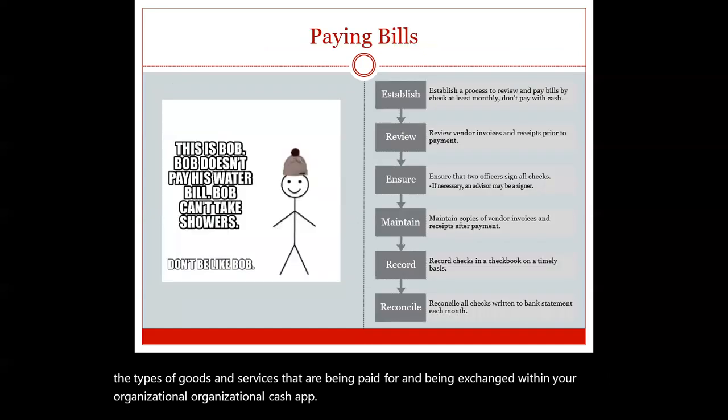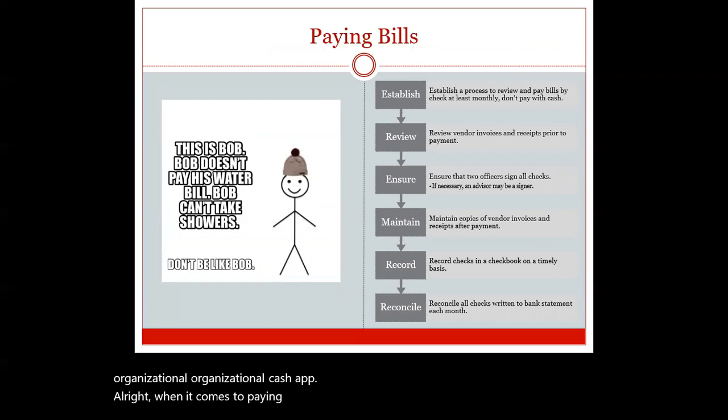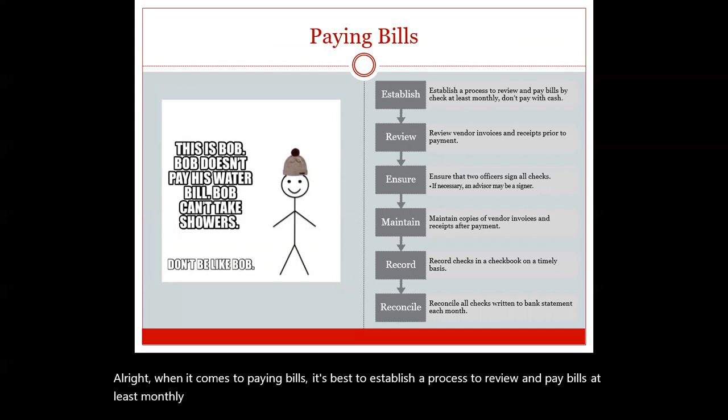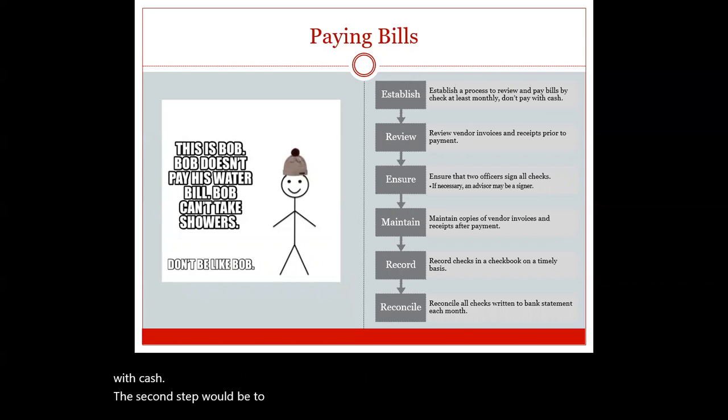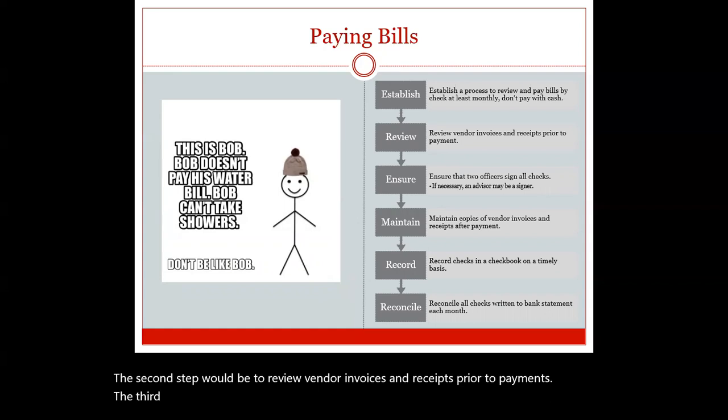All right, when it comes to paying bills, it's best to establish a process to review and pay bills at least monthly. You should always pay bills with check or by invoice. You should never pay bills with cash. The second step would be to review vendor invoices and receipts prior to payments. The third step is to ensure that 2 officers sign all checks before they are sent to the vendor that needs paid.